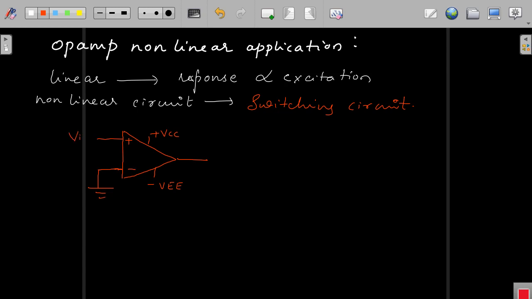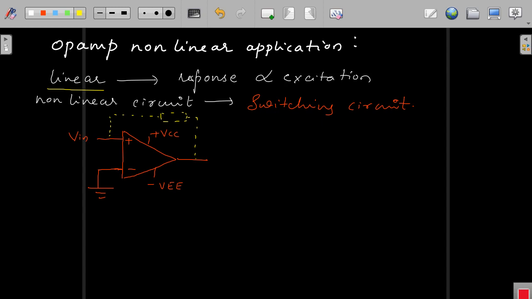This is the basic circuit from where we started all our discussions. Afterwards we slowly started to have some kind of feedback with some element, could it be resistor, capacitor, or a combination of them, because of which we could realize so many other circuits. In all those circuits we found that the response is directly proportional to the excitation. That is the reason why we called them linear circuits.